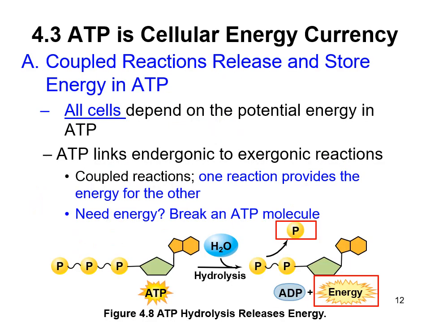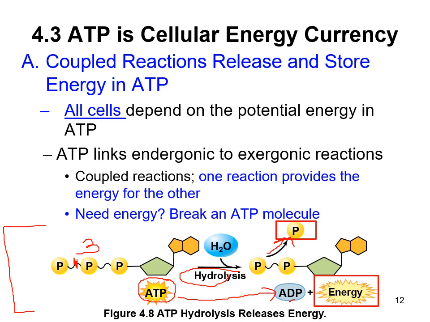So in this little formula at the bottom of your slide, you can take your ATP molecule, remember that means three phosphates, and when you break it apart, so you do hydrolysis, and tear one of the phosphates off, my ATP molecule is going to be converted into an ADP molecule.